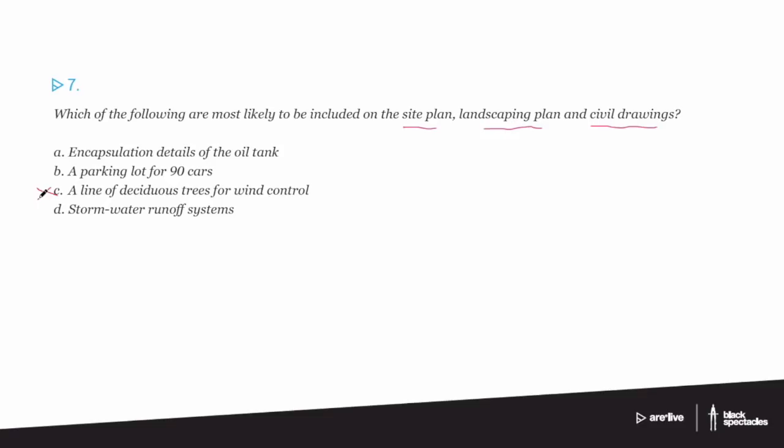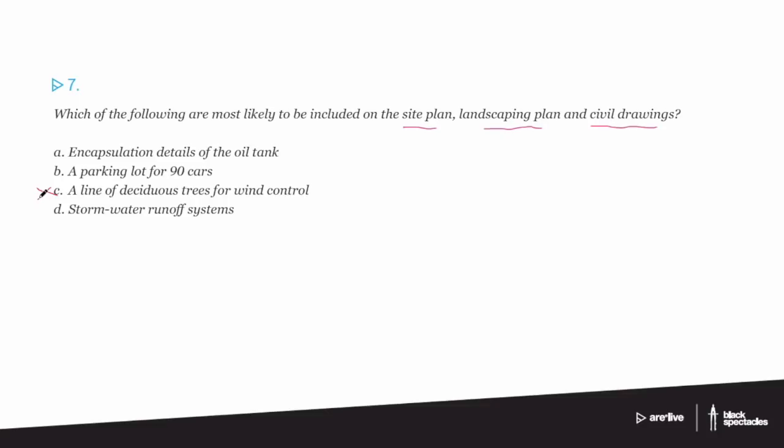I always throw something like that on there because that coniferous deciduous thing is just such an easy thing to ask a question about. It shows up in various odd places. So just know that pine trees, coniferous trees, keep their needles, keep their leaves all year, and therefore are great for wind control.